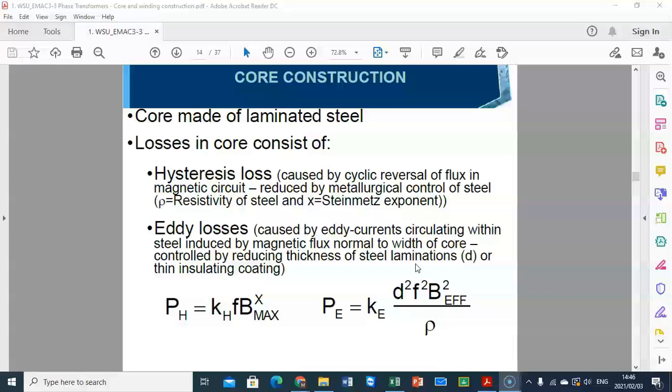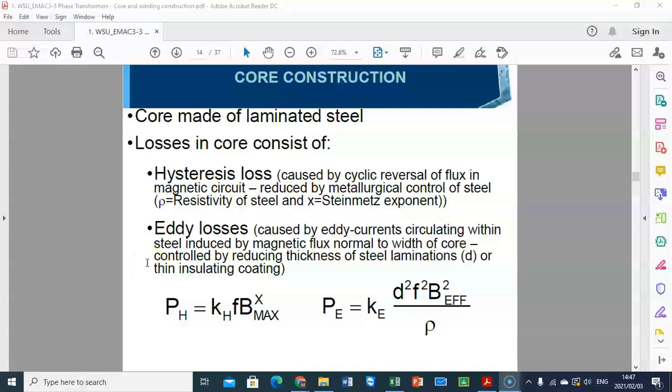In the next slides, if you see the abbreviation HRS, it stands for high resistance steel, and we use it to reduce the eddy current losses. The disadvantage of the high resistance steel is the problem that we cannot cut it easily.